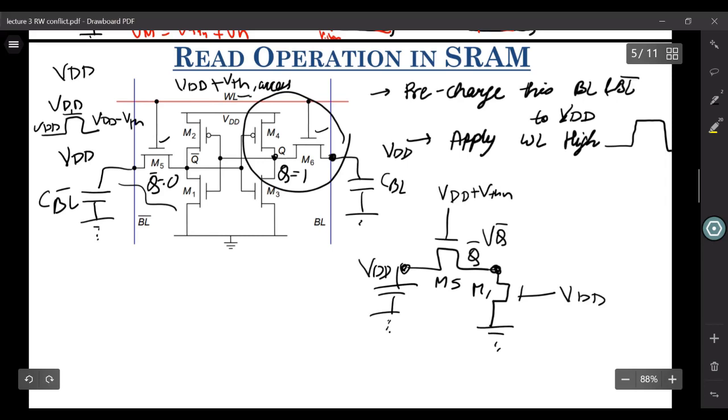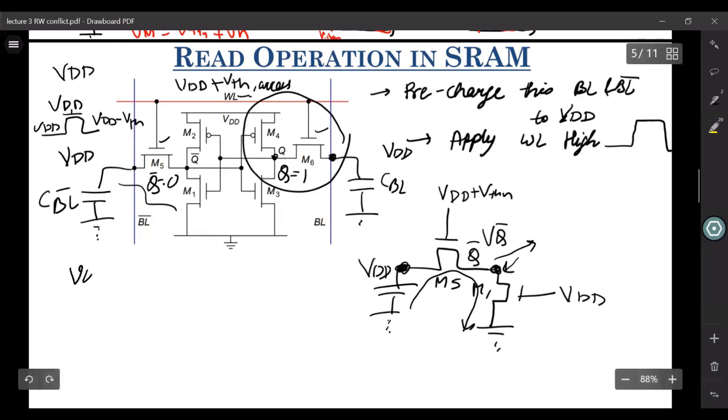M1 will try to drain this load capacitor towards ground, so M1 will try to pull this node potential VQ bar towards ground, while this M5, because it is connected to this VDD, will try to pull it towards VDD.